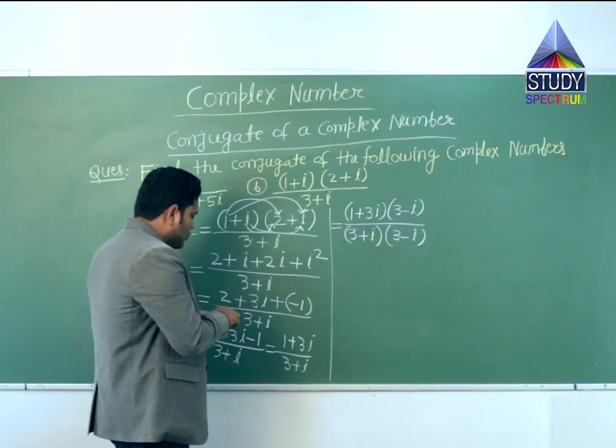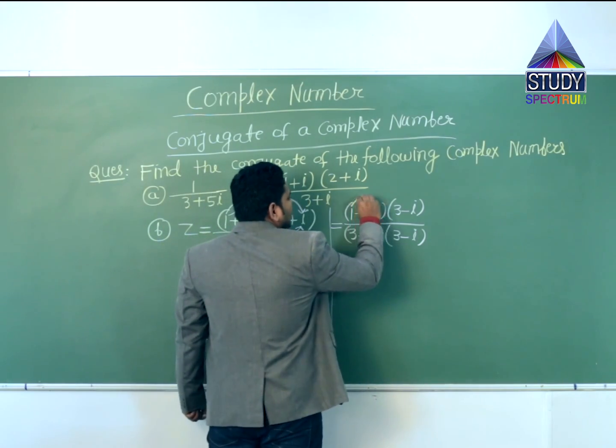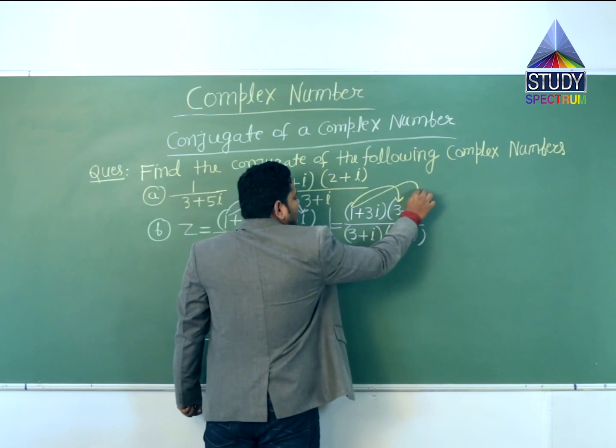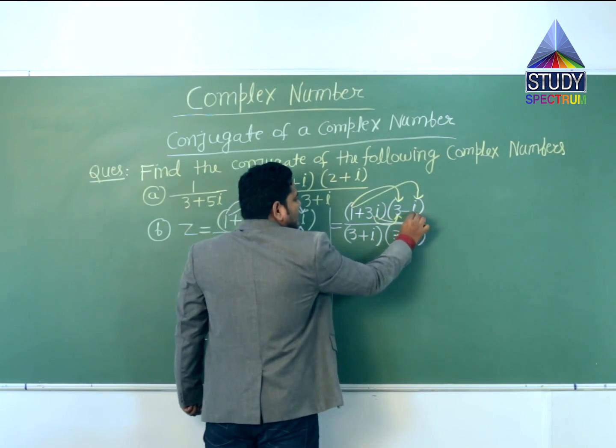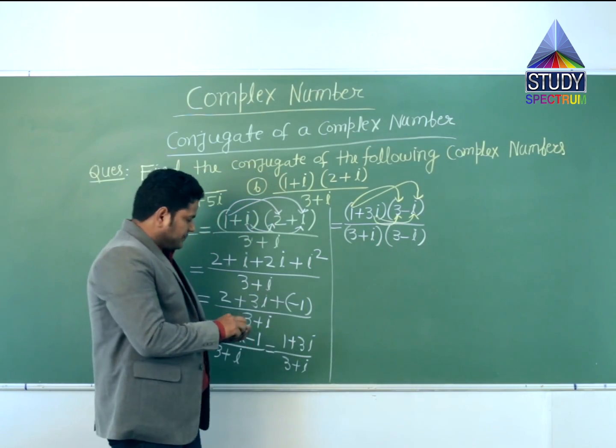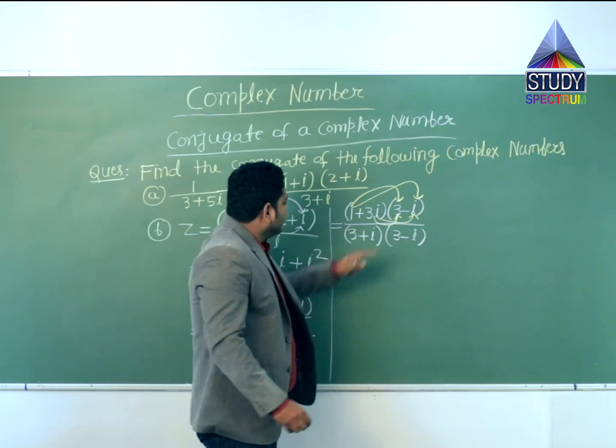Now here we will multiply 1 by 3, 1 by minus i, 3i by 3 and 3i by minus i. So 1 into 3 is 3.